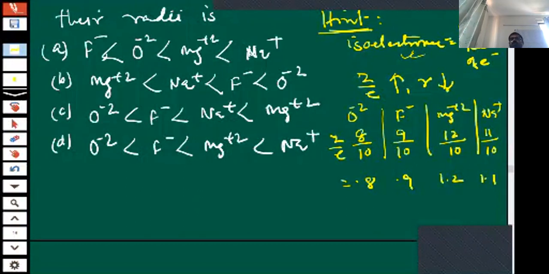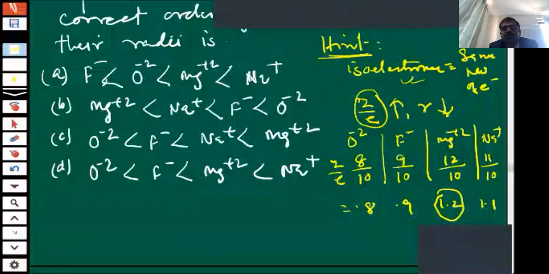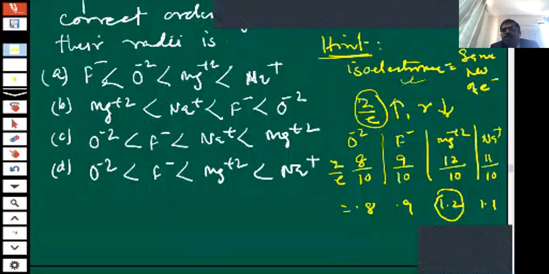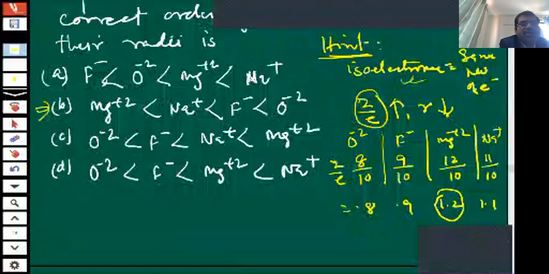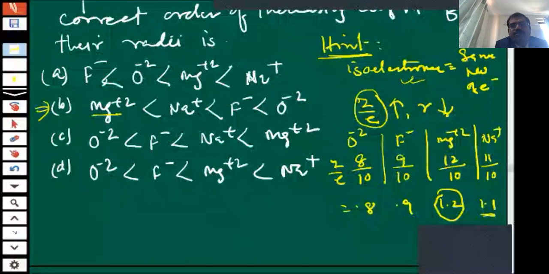So who will be the smallest? Those which have the highest value of Z by e will be the smallest. So Mg+2 is the smallest. Then a little bit bigger, 1.1.